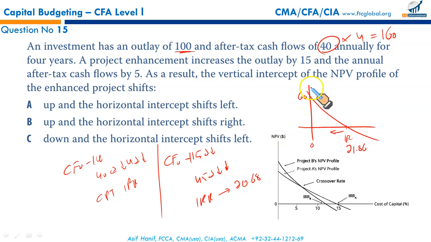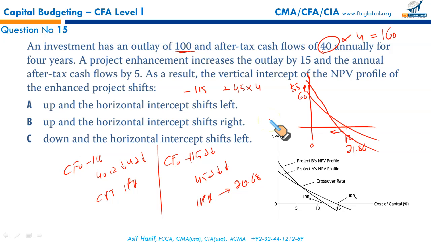Now, what about the vertical axis, the y-intercept, where the graph cuts the y-axis, the NPV? Since now we have an initial outflow of 115 and our annual cash flows are 45 times 4 less 115, it's going to be net 65. So your NPV profile is going to move up by 5 and the IRR will shift to the left.